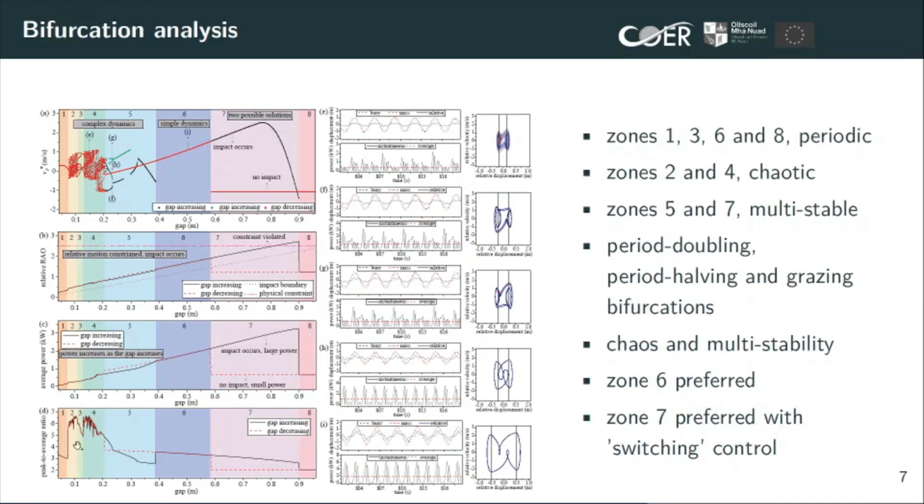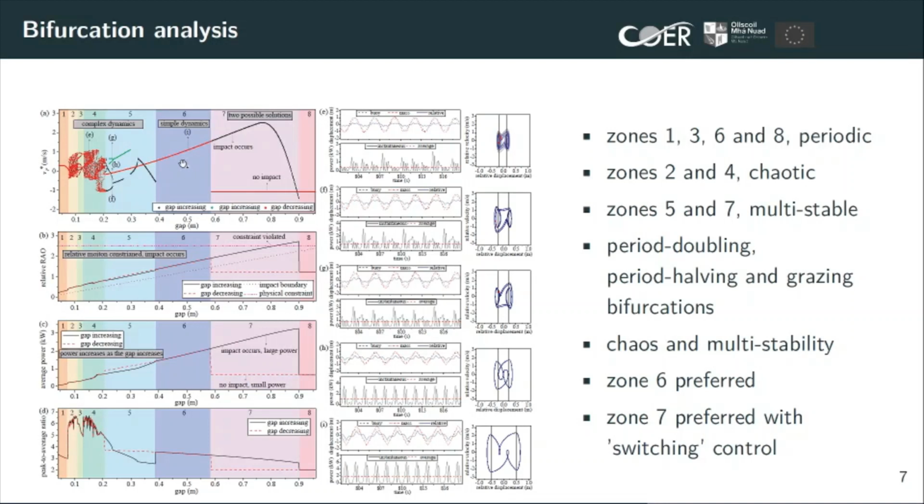ratio. As the system dynamics vary, we can see the performance indices vary as well. And for practical problems, this bifurcation analysis can give us some guidance to select good design parameters.